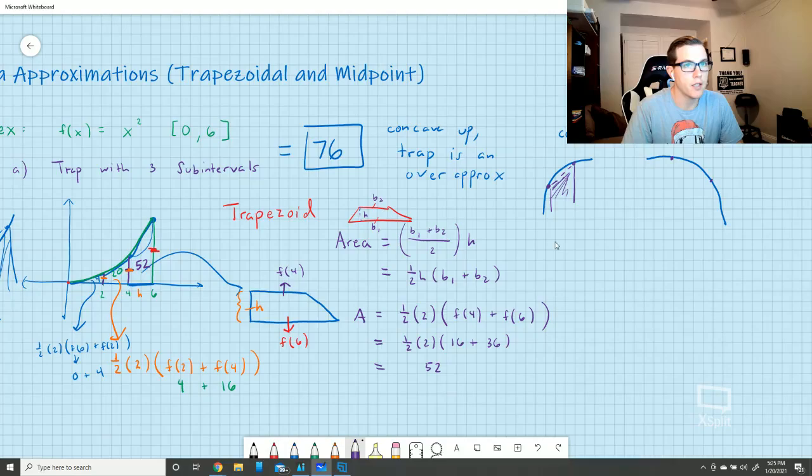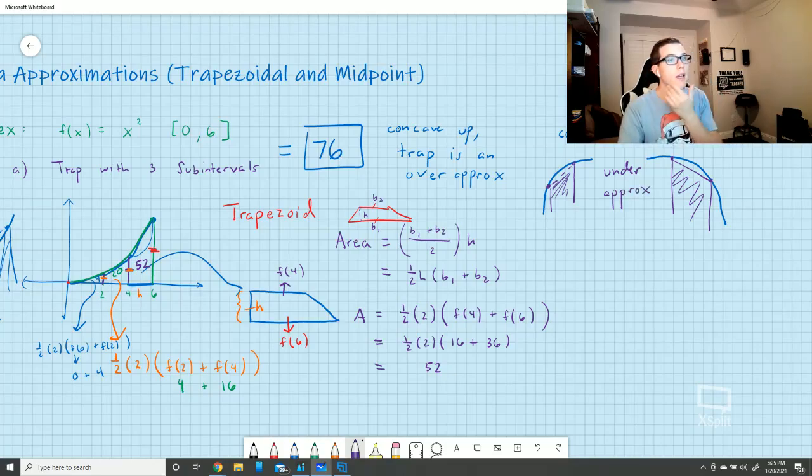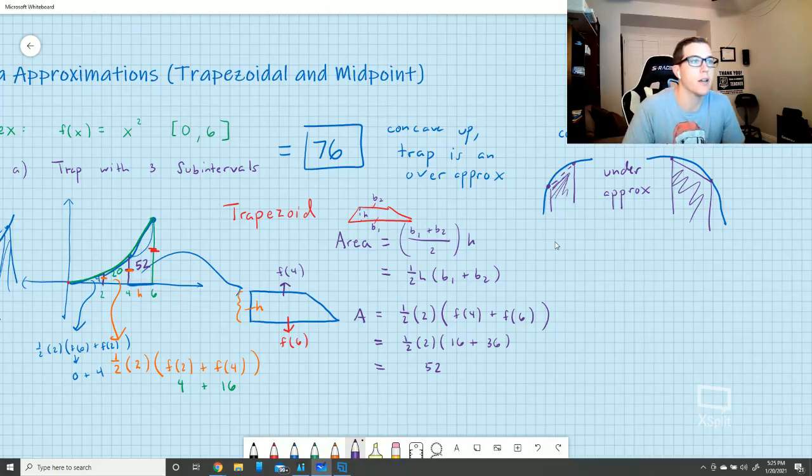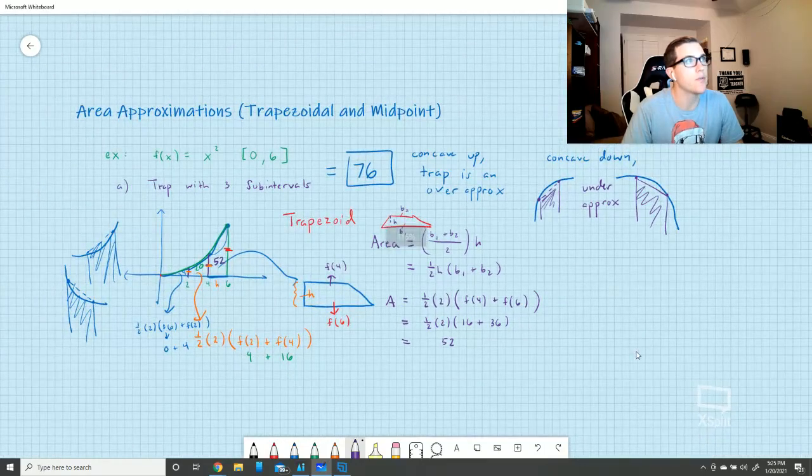If I connect these two and thought about how the approximation would work, I'm missing out on area. So this is an under approximation. Okay. So Riemann sums, when you're doing a left or right, it deals with increasing or decreasing. If it's trapezoidal or midpoint, you have to look at the concavity. All right, I think that's pretty straightforward, more or less.